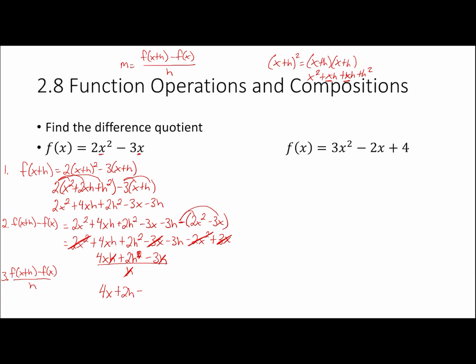And of course the one on the bottom is canceling with those. And so then our final answer ends up being 4x plus 2h minus 3. And there is your final difference quotient. So it's kind of a process, but if you just take it step by step, then every time it's going to work out in a very similar way.